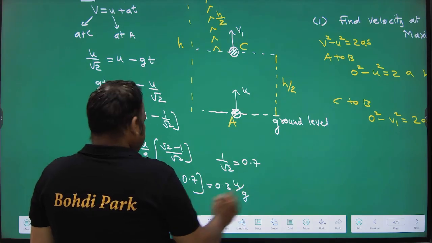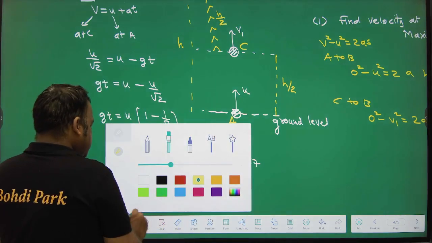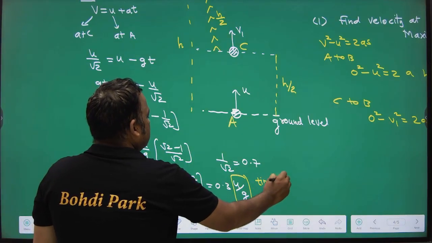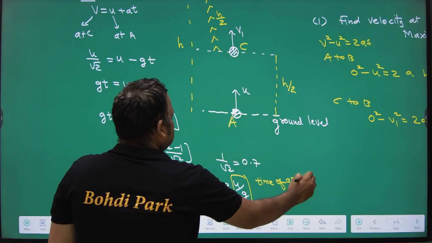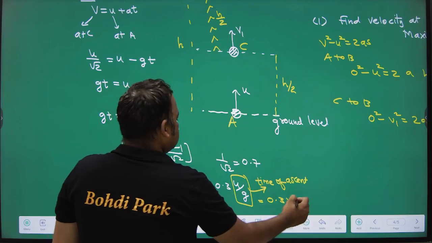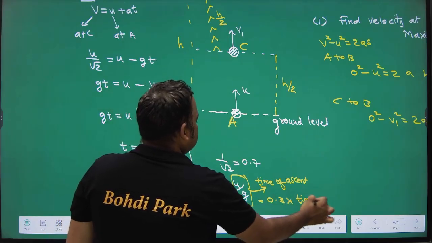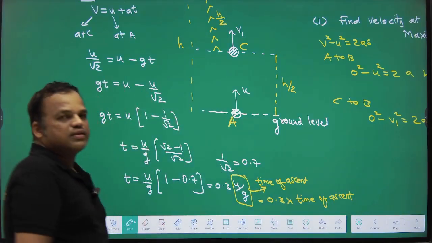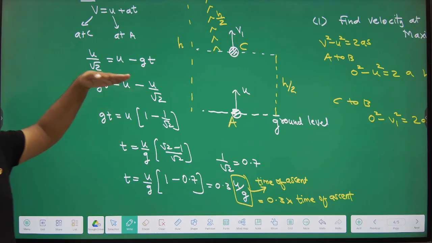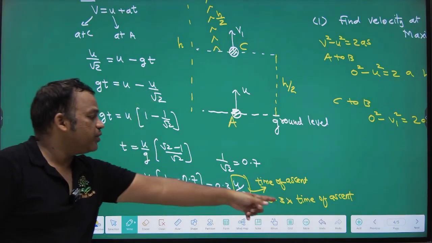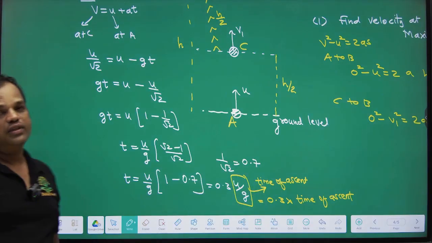Now what is u by g here? u by g is the time of ascent. So this is 0.3 times time of ascent. So if somebody is saying at the mid height it will take half the time, that is wrong. No, it is taking 0.3 times the time of ascent.